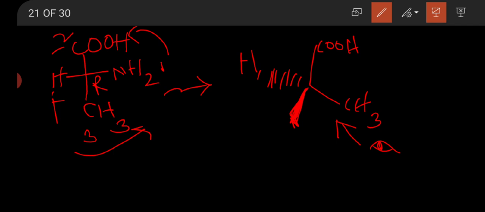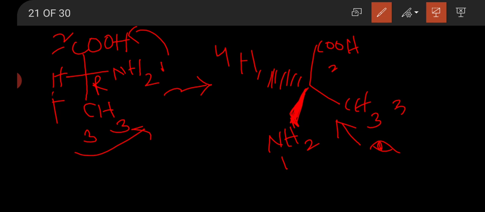Okay, the observer is seeing from this side, therefore the NH2 bond is priority 1, COOH is priority 2, CH3 is priority 3, and the fourth priority group is below the plane, on the back side of the observer.